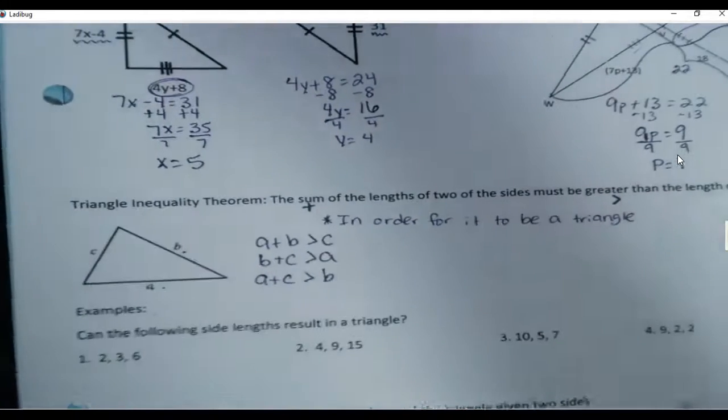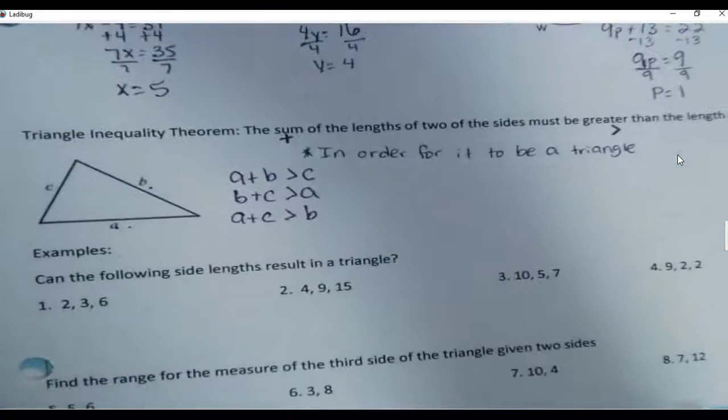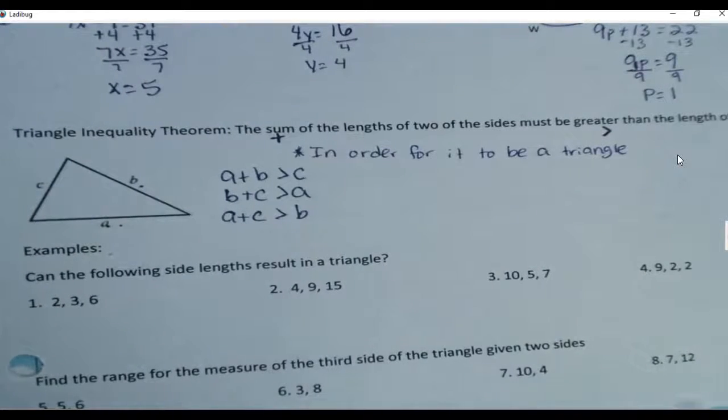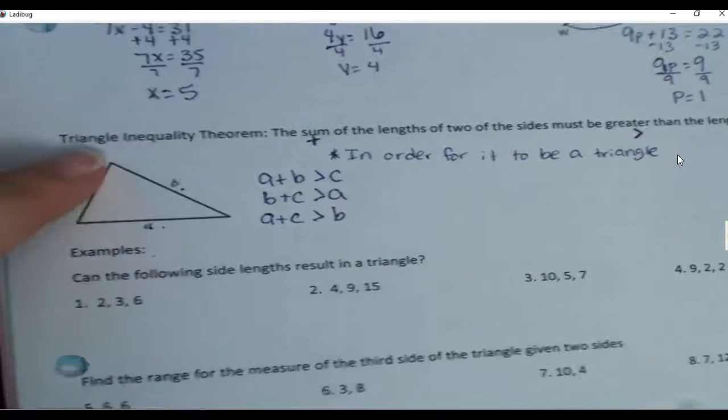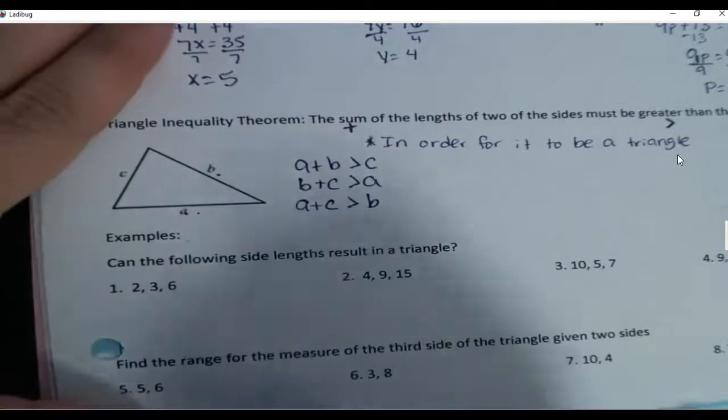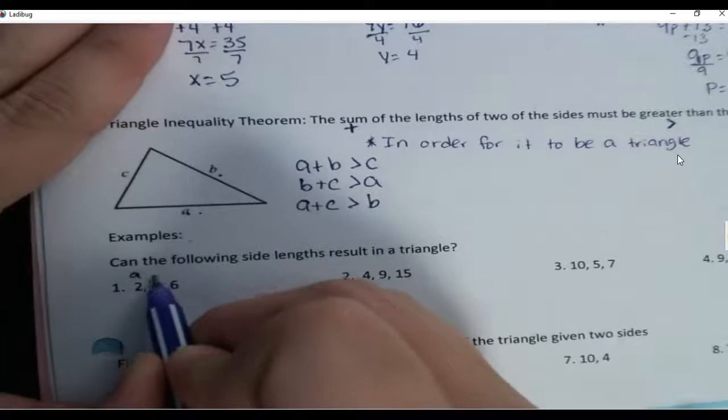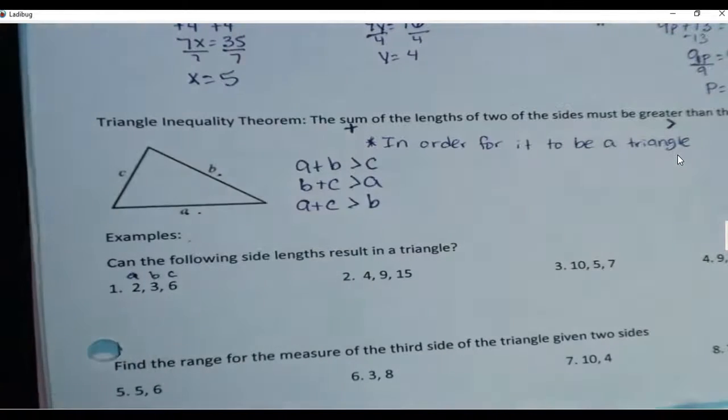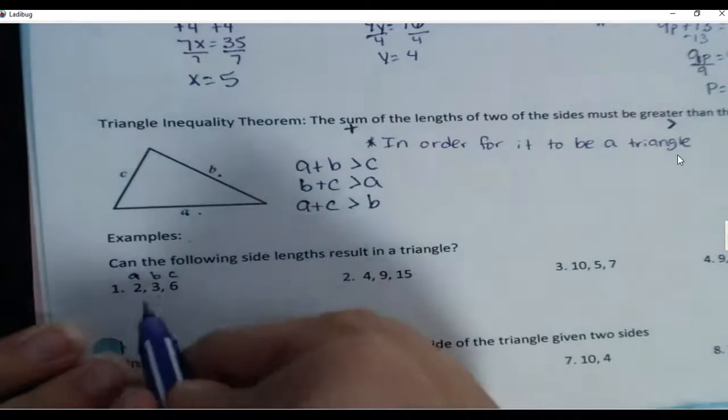So first we want to know, can the following be lengths of a triangle? So let's look at our first one. So let's just say A, B, C. So I want to add them.